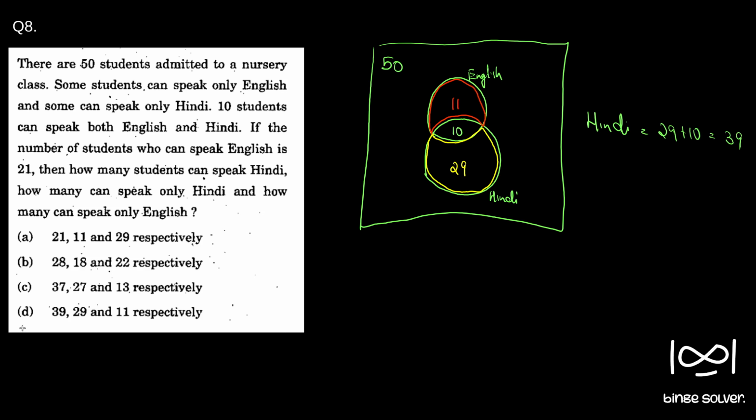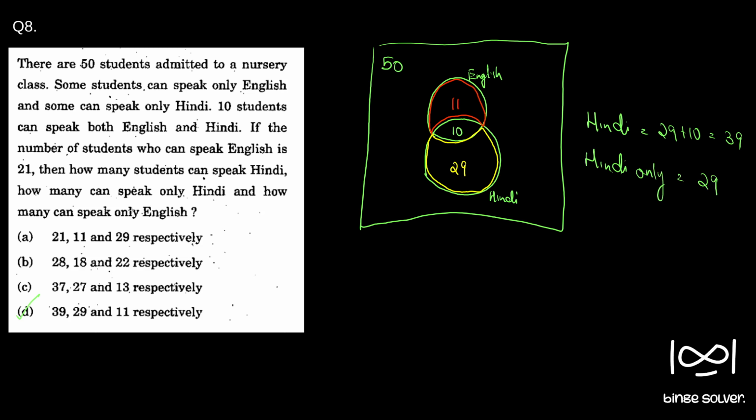So only one answer fits the solution, which is D. So we can right away write D as the answer, but we will verify. How many students can speak Hindi? Now how many can speak only Hindi? Only Hindi is this 29. That is the region marked. So Hindi only is 29.